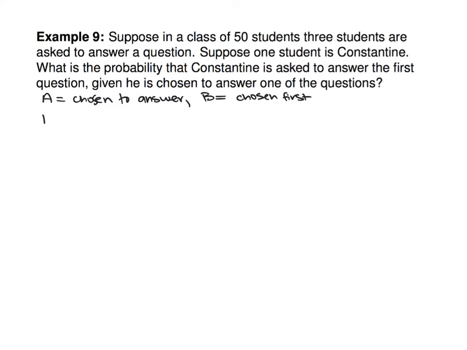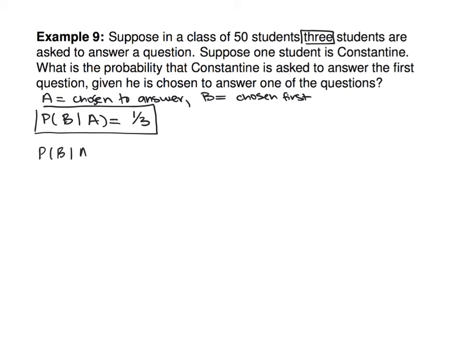So we're finding the probability of B given A. Well, if he's chosen to answer, he's one of these 3 people, so he has a 1 in 3 chance of being chosen first. So if you can do this that way, that is totally the correct answer, you're fine, you're done. But let's just talk about how the rule we just discussed could apply here as well.